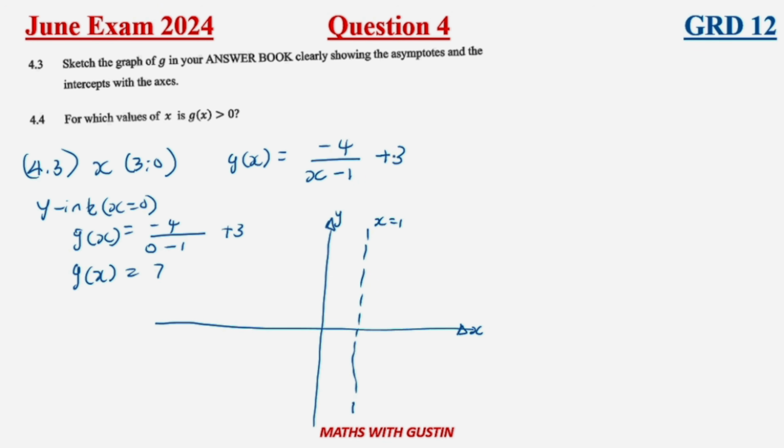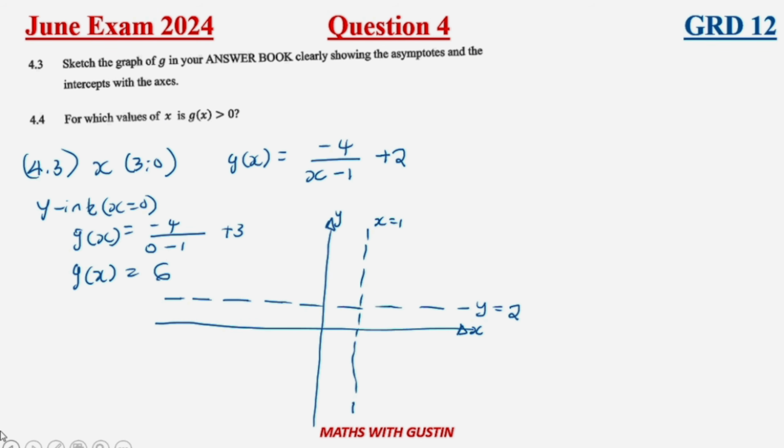It's not 3, guys, it's rather 2. Our equation has 2 here, not 3. So -4 divided by -1 is going to give us 4. 4 plus 2 is going to be 6. I made a mistake here. All right, therefore our y line of asymptote will be y is equal to 2.